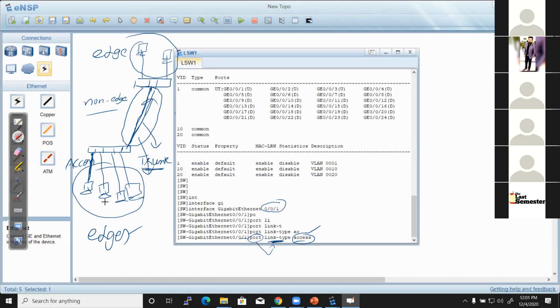But at the edges of the network, we normally configure access, because in this link there would be the traffic of this machine only, a single device, which is PC1. So a PC connects to the switch by an access link, and between the switches the link should be a trunk. These are the edges, so we are going to configure this link type as access.